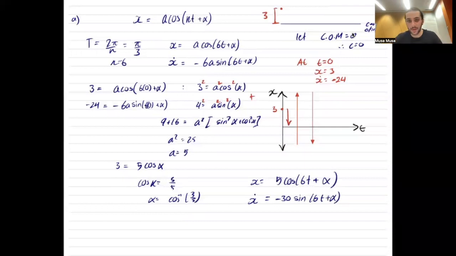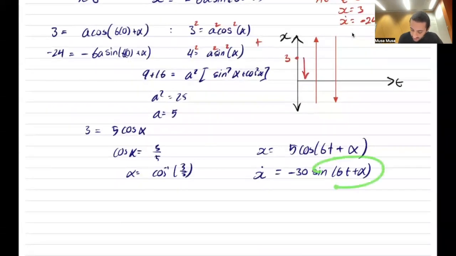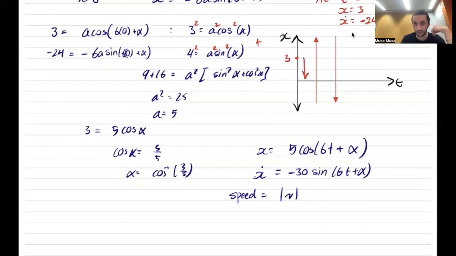Now, when you think about this now, maximum speed, well, isn't the velocity equation given by a sine curve? Now, because the amplitude is 30, doesn't it just oscillate between positive 30 and negative 30? So what's the maximum speed? Well, first of all, speed equals the absolute value of velocity, right?